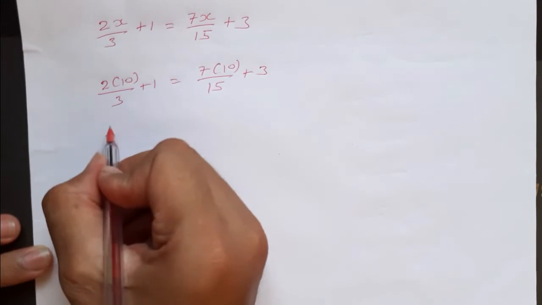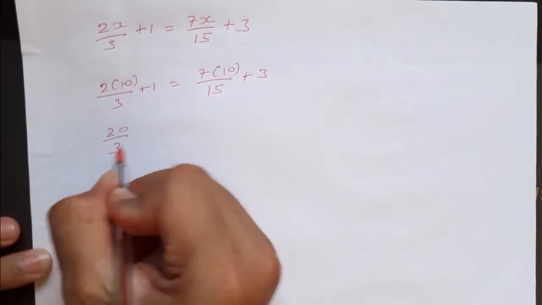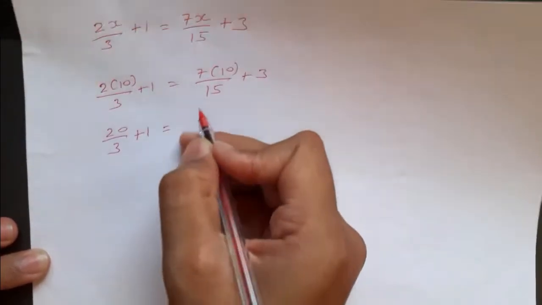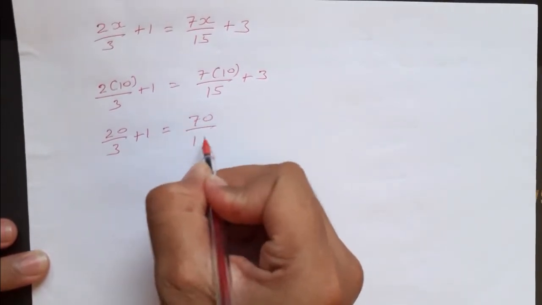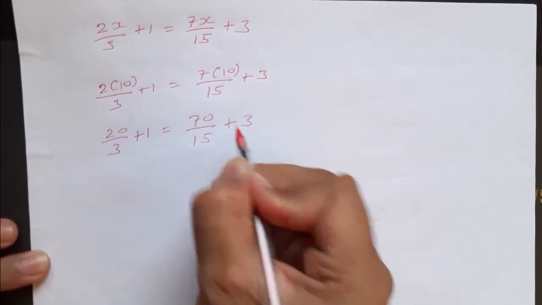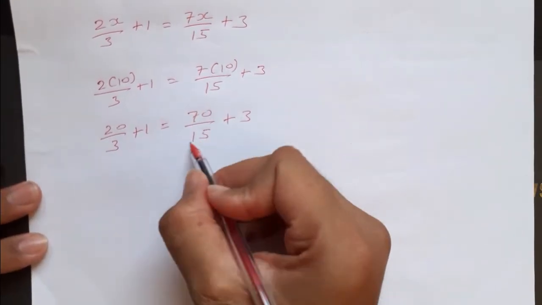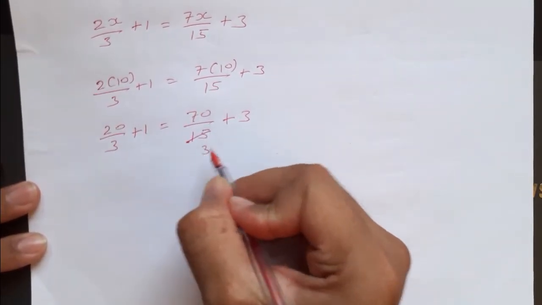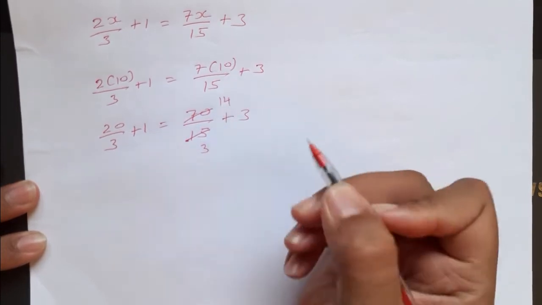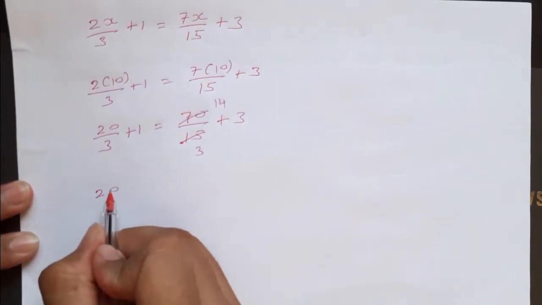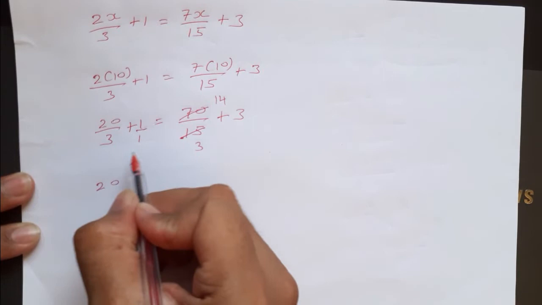Then 2 tens are 20 upon 3 plus 1, and 70 upon 15 plus 3. Then 5 threes are 15, 5 fourteens are 70. So here it will be 20, take LCM as 3.